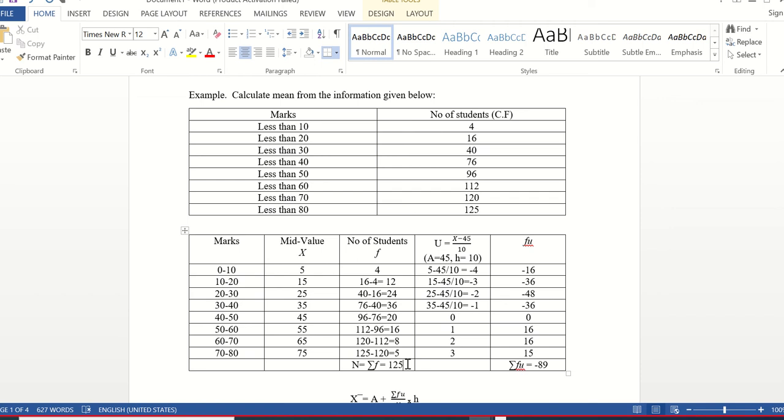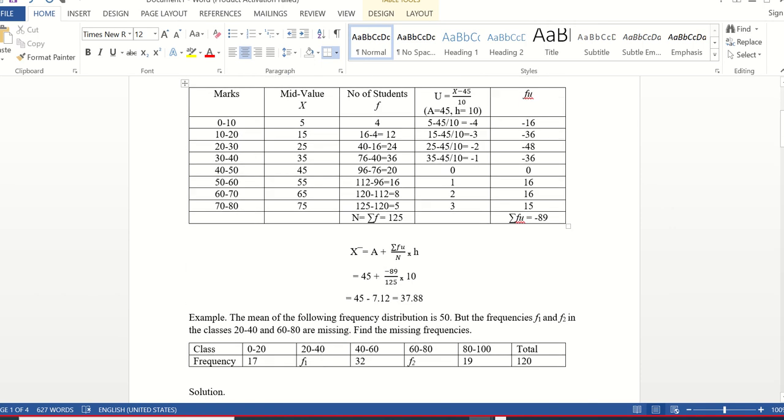So now let's move forward by applying the values. Here I have already applied the formula: mean equals A plus summation of fu divided by N into h. This is the formula for arithmetic mean under the step deviation method, right? Here A is 45. Summation of fu is minus 89, which we have calculated.